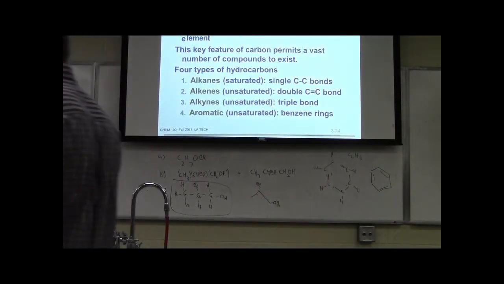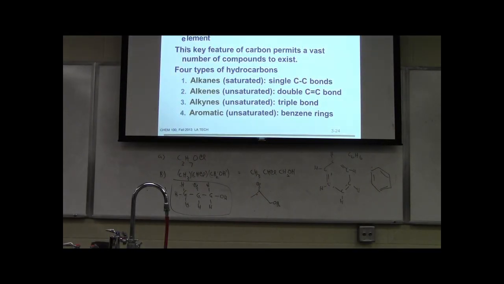Carbon is the only element that can make that. Look at your faces, your proteins, all right? Do you know proteins are long chains of amino acids, right? And the polymers, things like that, because carbon has that ability.